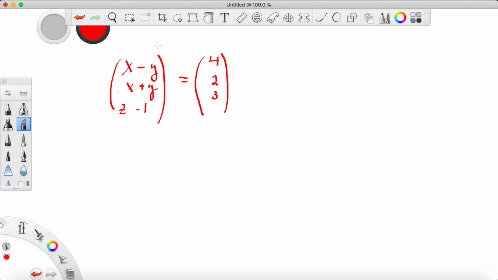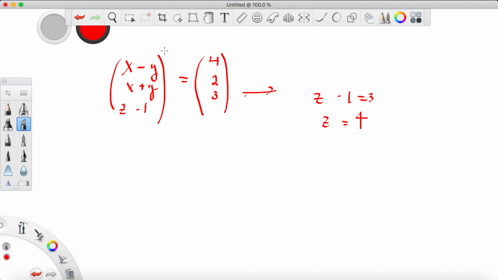So when you look at this, you know that z minus 1 has to equal 3 because they're both in the third coordinate, and we said that the vectors are equal to one another. So z minus 1 is 3, so z equals 4.